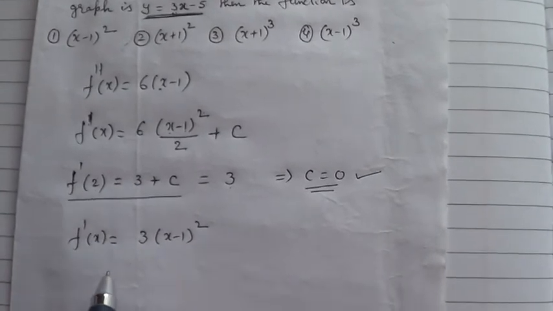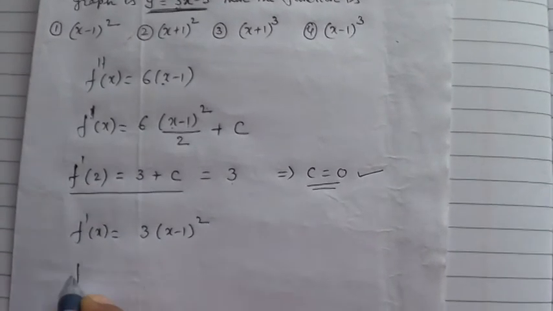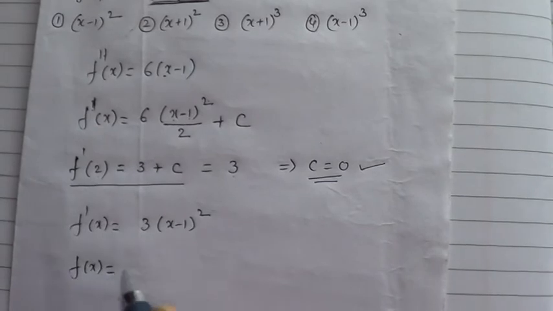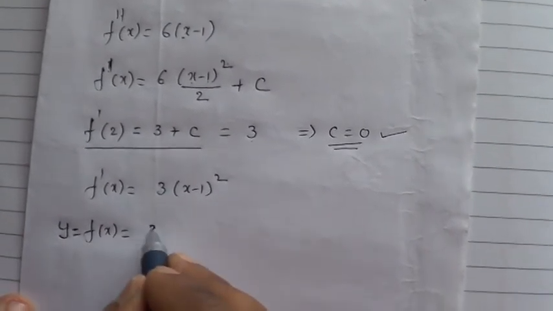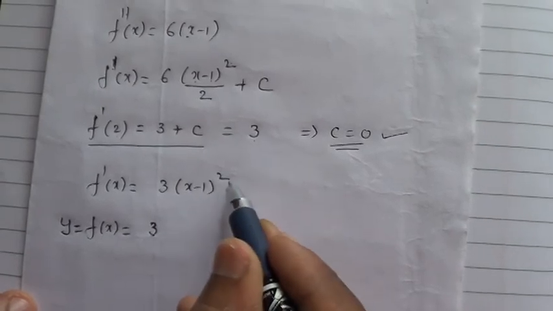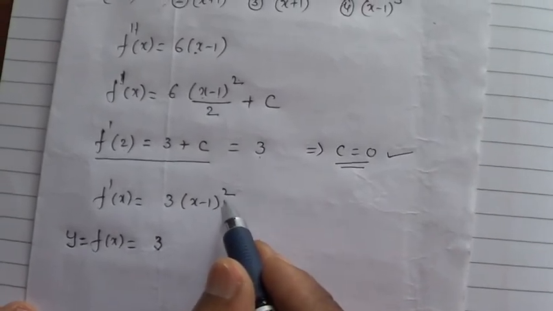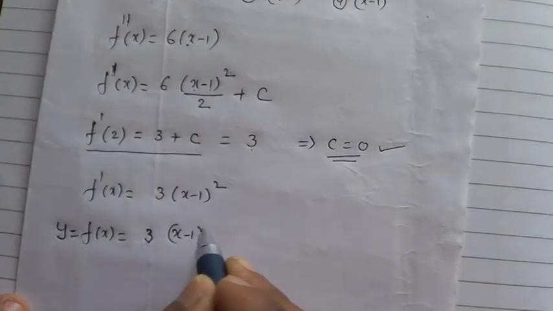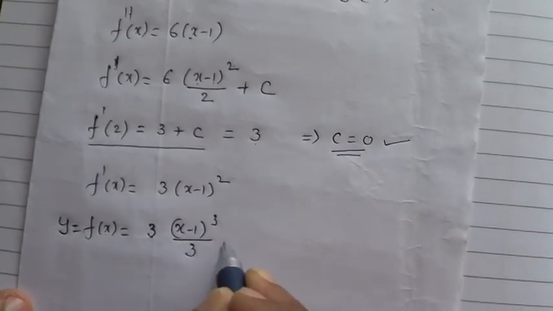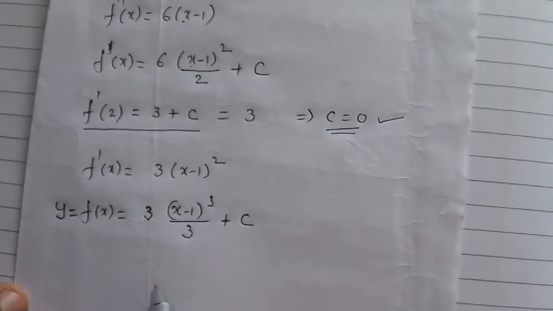But we required f of x. Now again integrate. F of x, that only we are calling y, is equal to 3 into x square integration. X square integration is x cube by 3. That's why you will get x minus 1 whole cube divided by 3 plus c. Right?